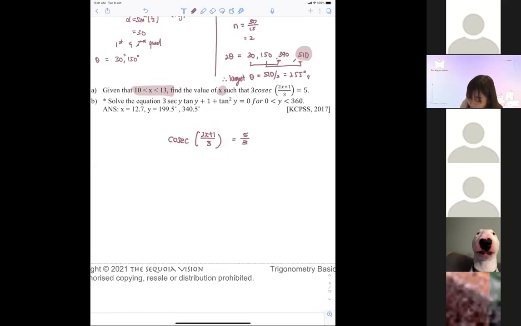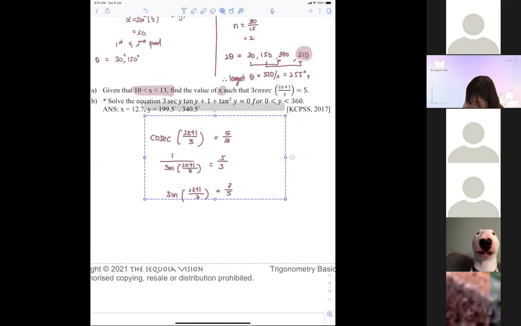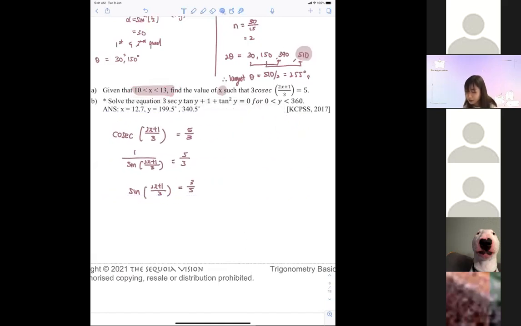Then cosecant is 1 over sine, right? So 1 over sine. Flip this, flip this. So, I made sine the subject. So from now, I can find my basic angle and I can find my quadrant.